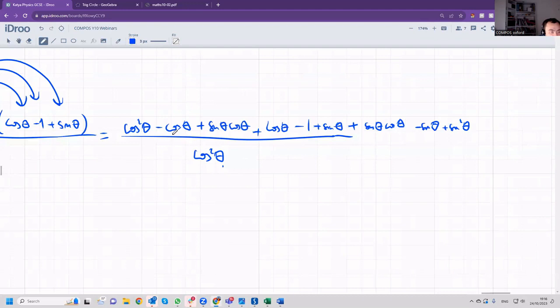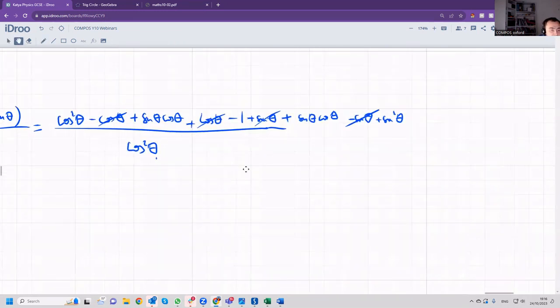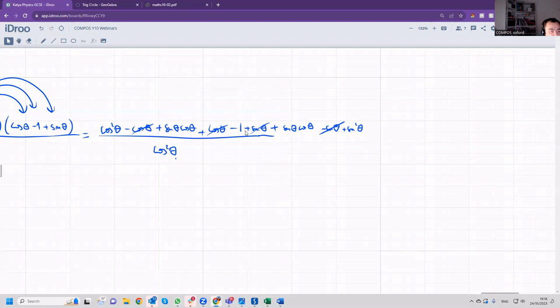All right, so what do we have? Minus cos and plus cos cancel. Sine and minus sine cancel. So what do we have?